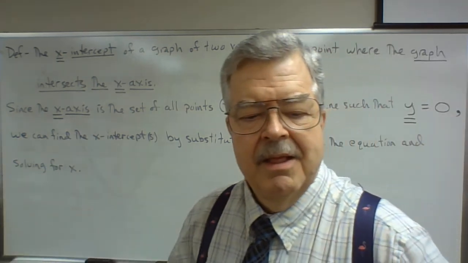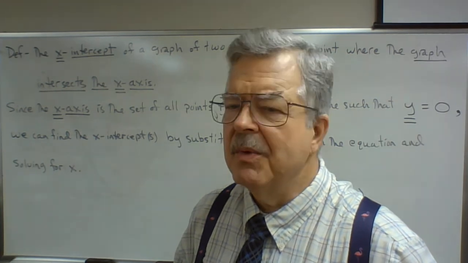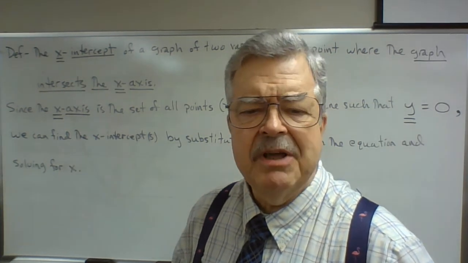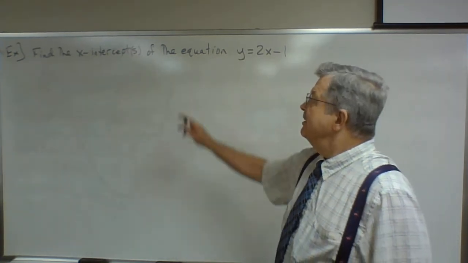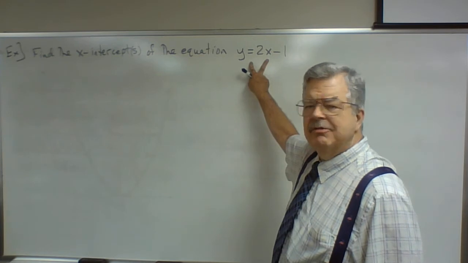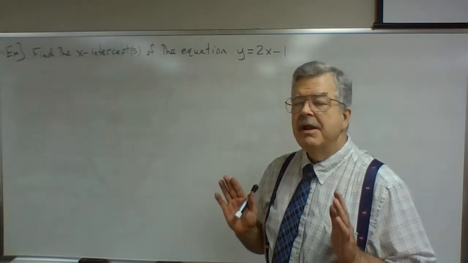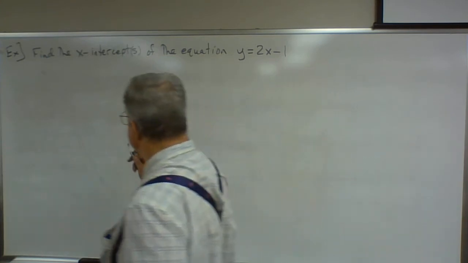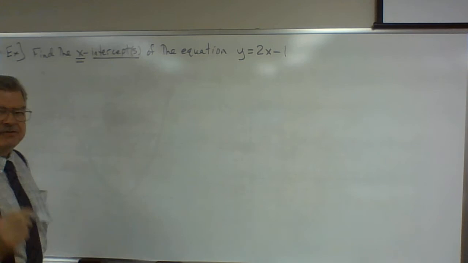So let's look at the same example that we've been working with for the last 10 or 15 minutes. Same example. y equals 2x minus 1. Now we want to find the x-intercepts.